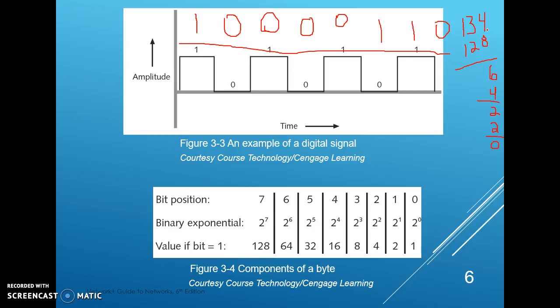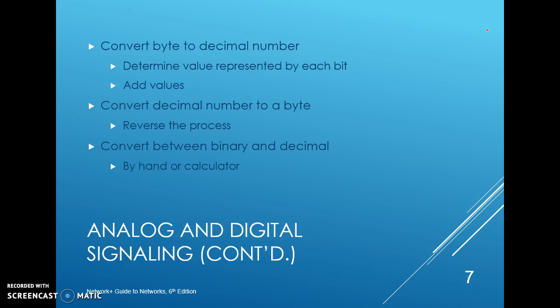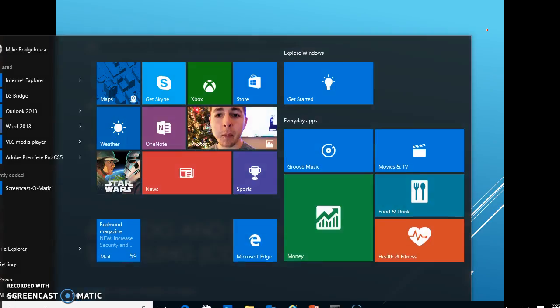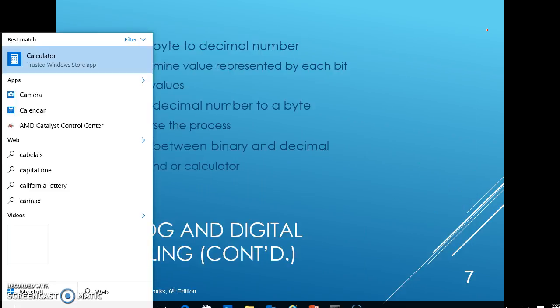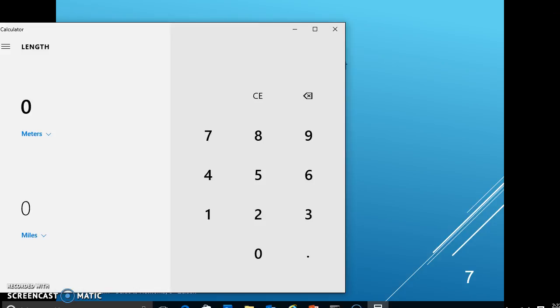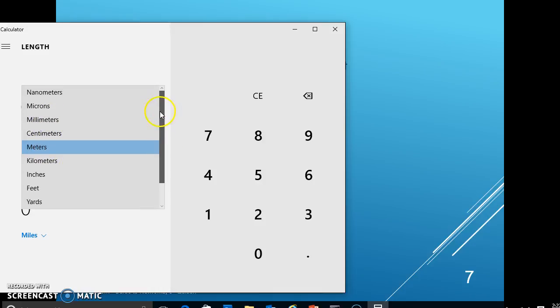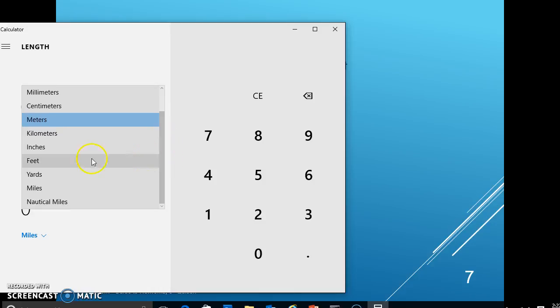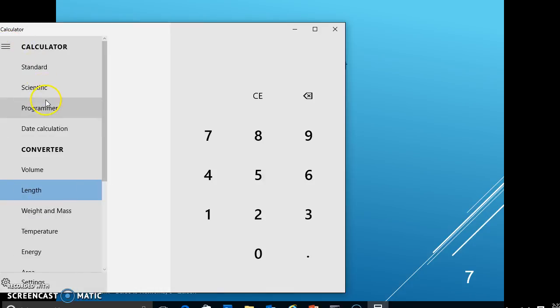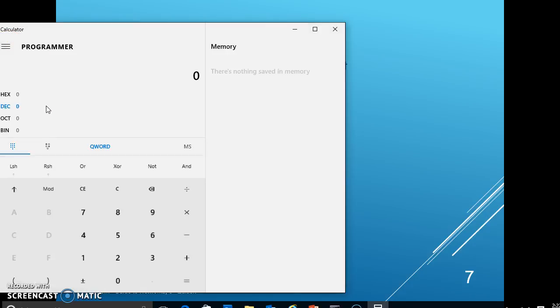We make this so hard, but it's actually so stinking easy because it just has everything as a placeholder. And that's how we convert it by hand. You can convert it using a calculator. You open up Windows 10, for those of you who have Windows 10, and you open up the calculator, and I think it's going to be our programming calculator here.